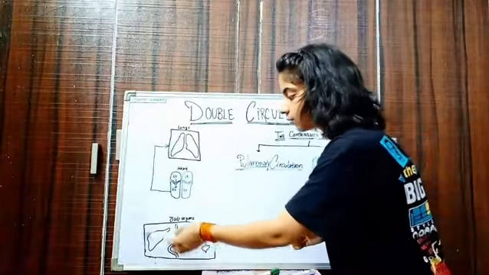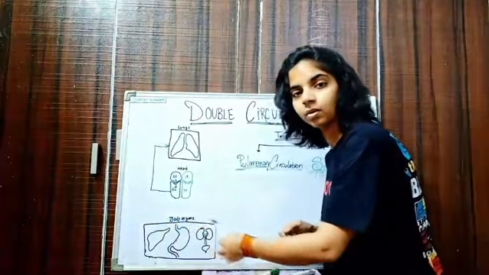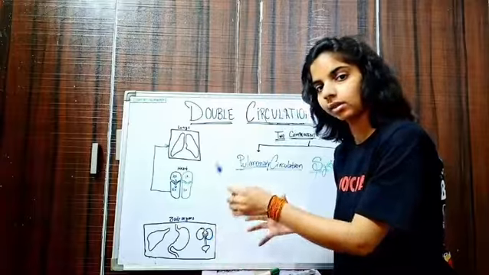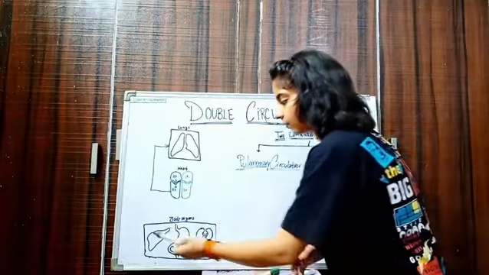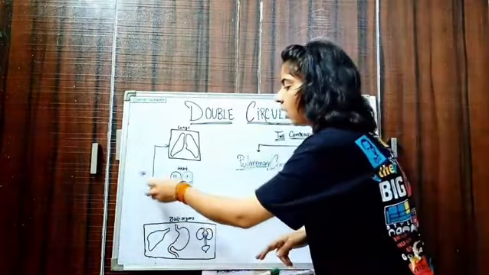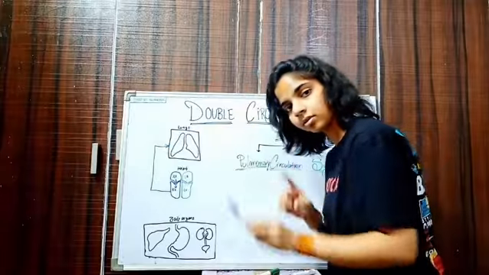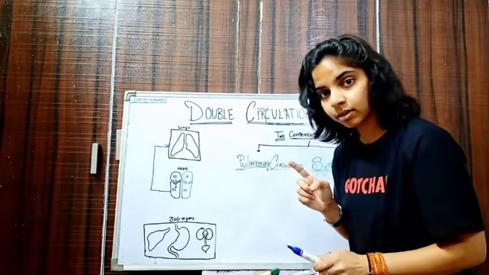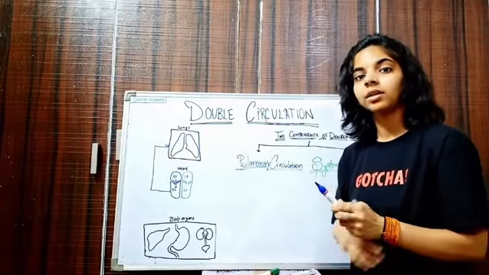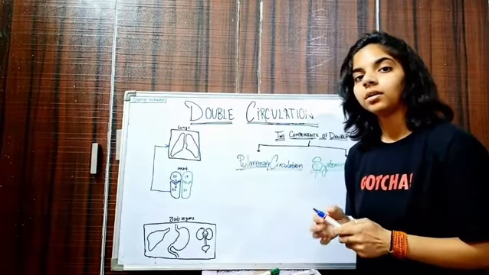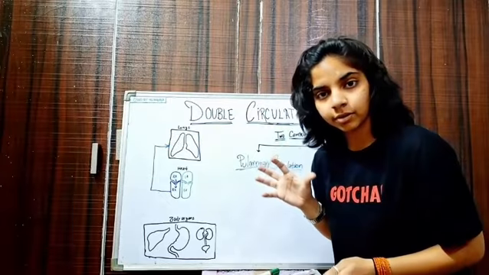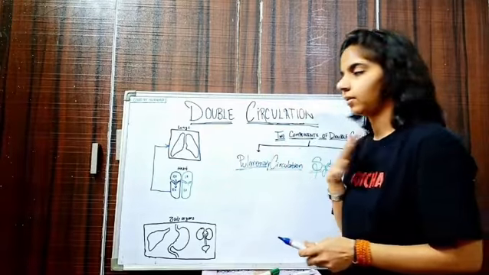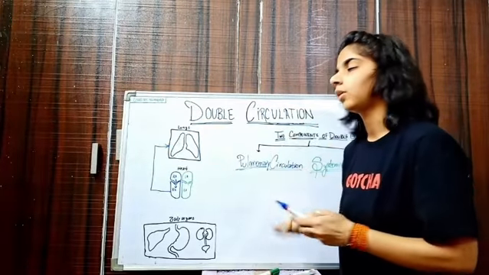Blood absorbs carbon dioxide from all these organs, systems, cells and tissues. Now that blood is carried to the heart. Why is it deoxygenated blood? Because it needs to be purified. It has a large amount of carbon dioxide which is not of our use, so that needs to get purified.